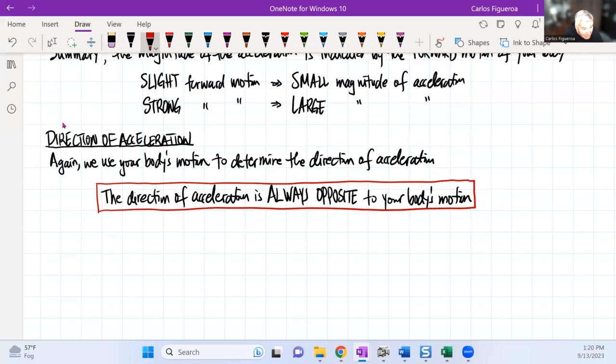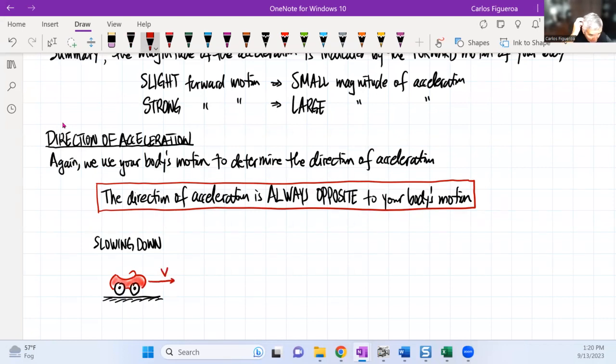So let's look at the two situations. If you're slowing down, you could imagine that you have your car. And what happens when you're slowing down, you're seeing here that your body, as we've already talked about, is moving in the forward direction.